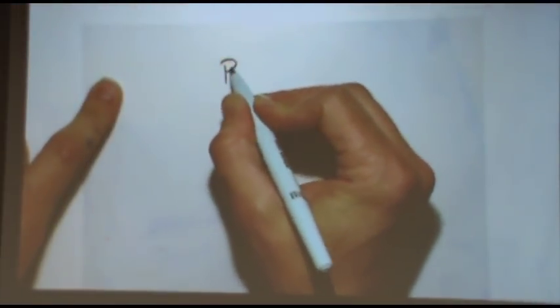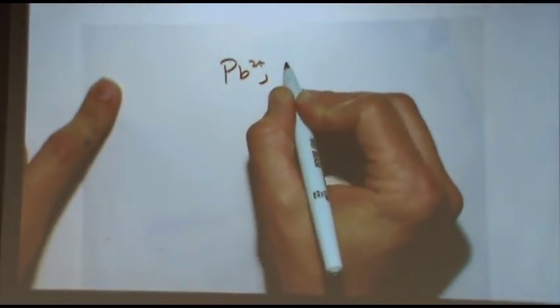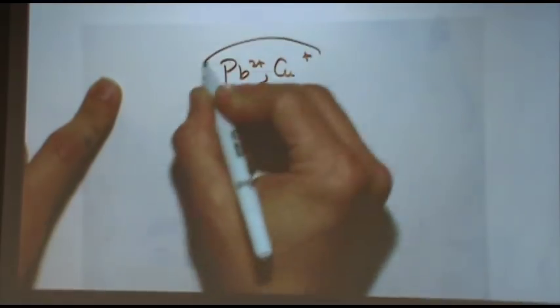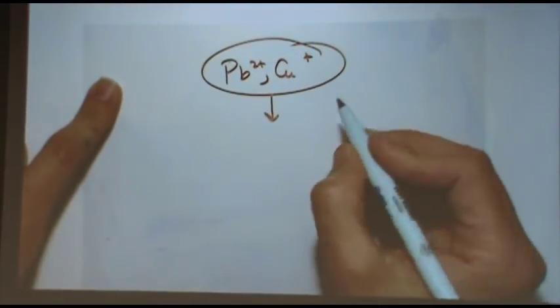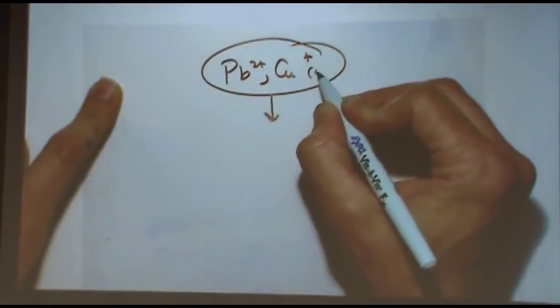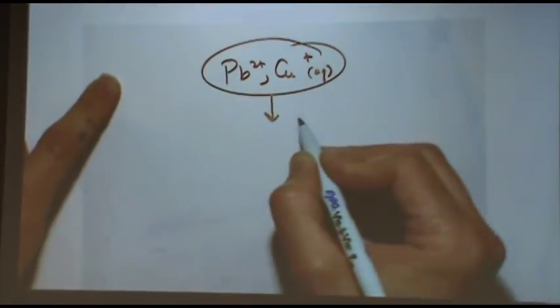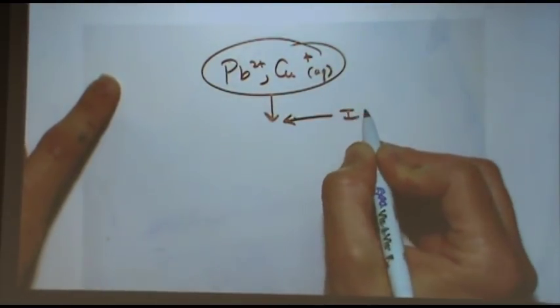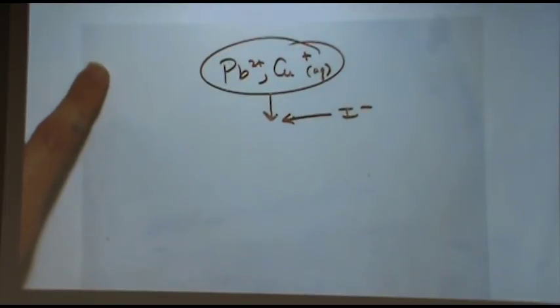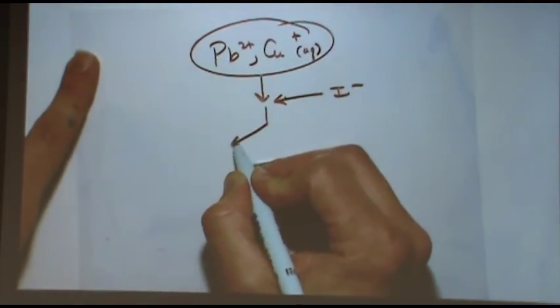Let's say I had lead 2 plus and copper plus, and I want to separate these two. They're both at the moment aqueous, so I'm going to add something, in this case iodine, to cause one to precipitate and the other to not precipitate.